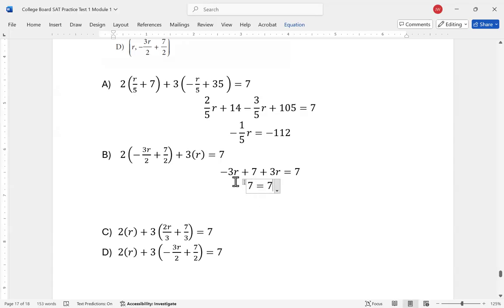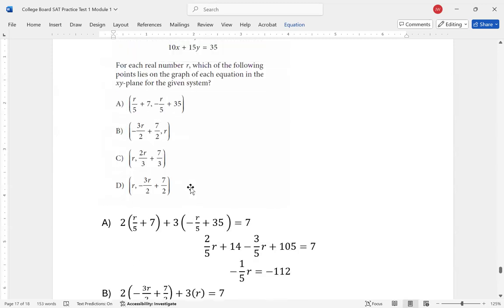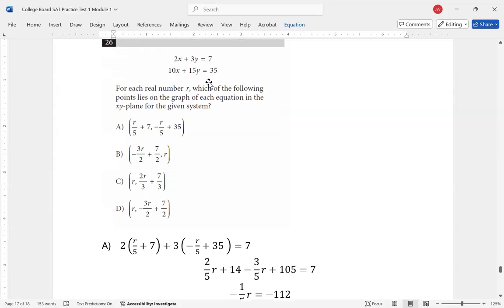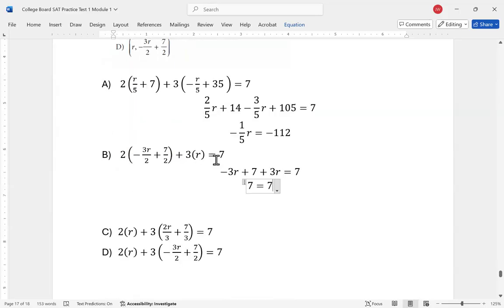So that is true for all real numbers r. This one is only true for one real number r. So B is actually the solution that we want. All points that look like that are going to satisfy this system of equations. So B is the answer because that's the one which satisfies all systems of equations.